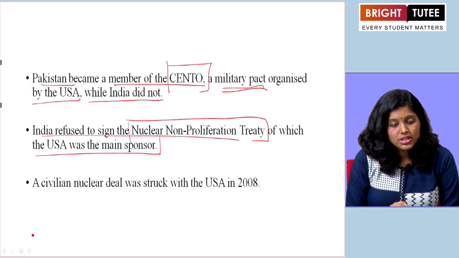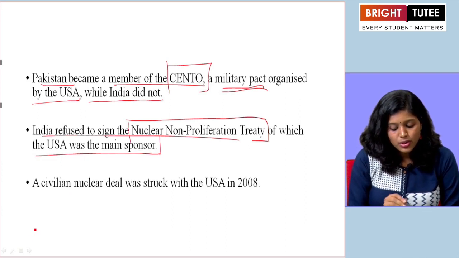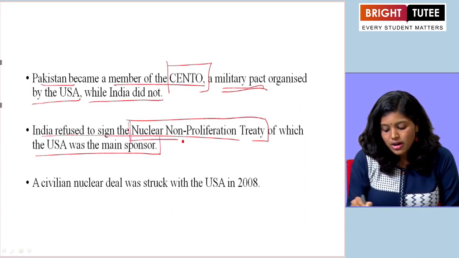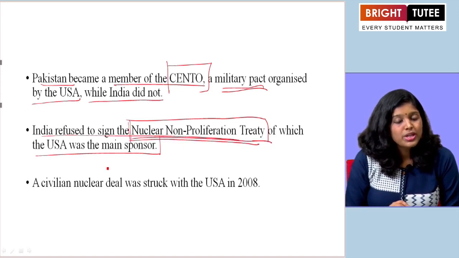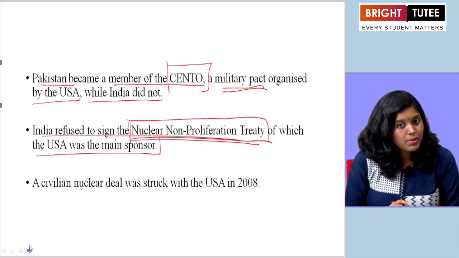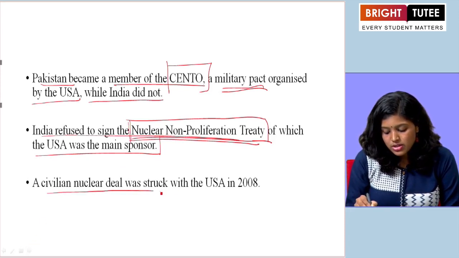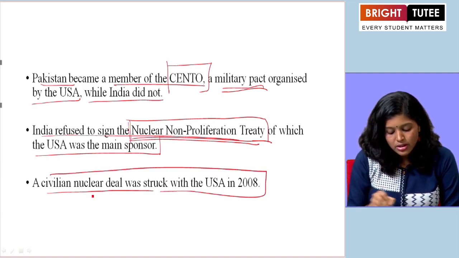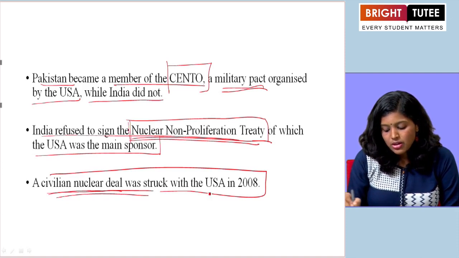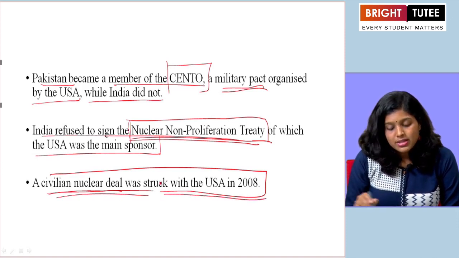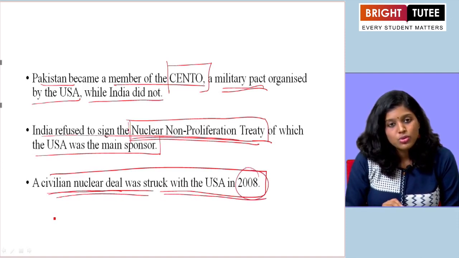A treaty put forward by the USA, the Nuclear Non-Proliferation Treaty, this too India refused to sign and be part of. A civilian nuclear deal was then signed with the USA in 2008.